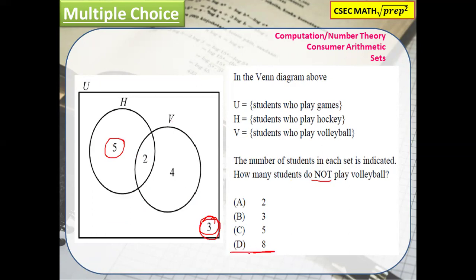So our answer is 8. All right, so it's for us to remember that this is outside of both sports, so they count in the universal set. So it's 5 plus 3, that's 8.